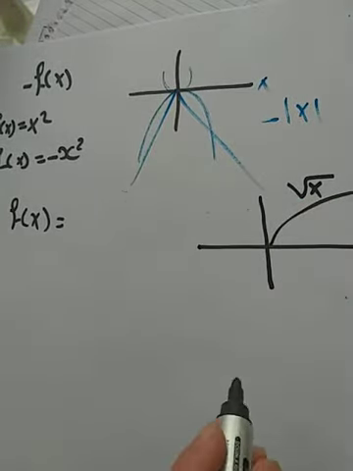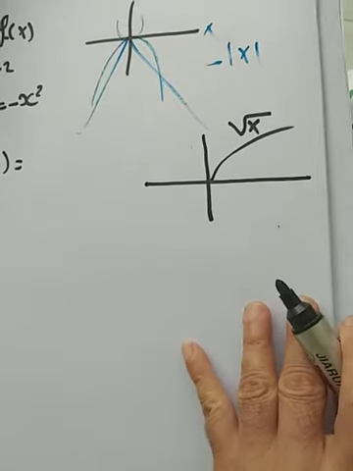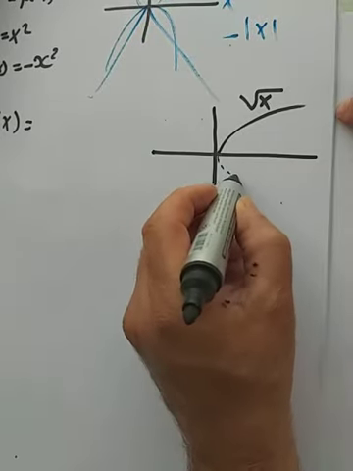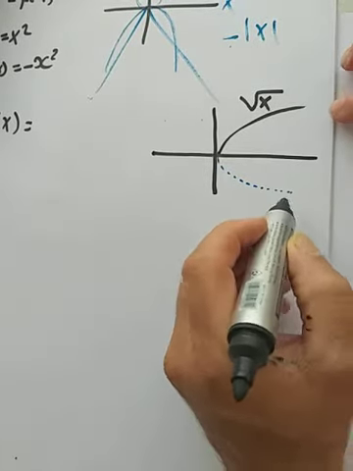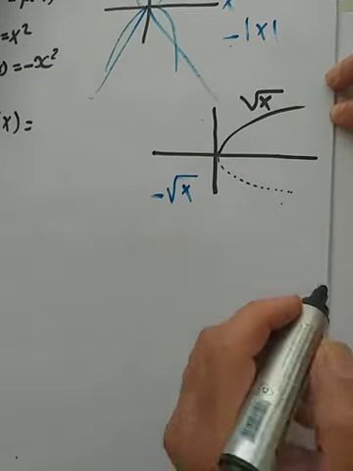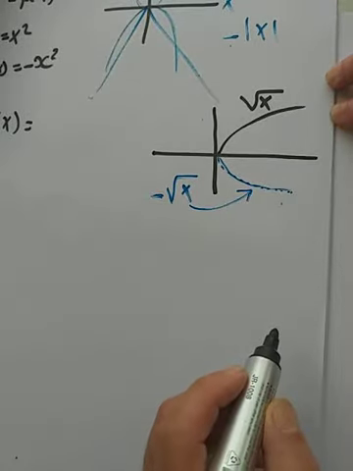This one is square root of x, but if you have a minus before the radical, the graph is like this one.